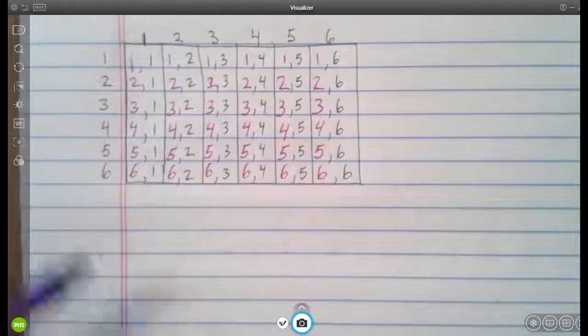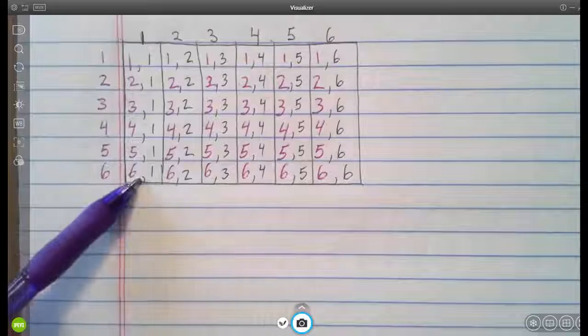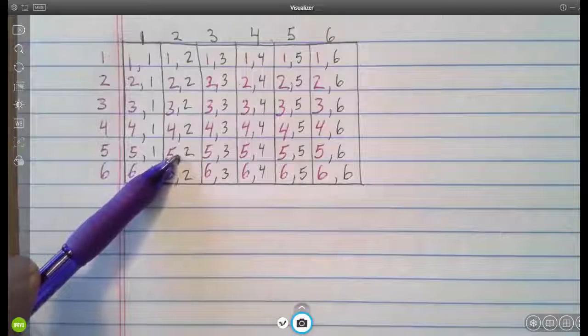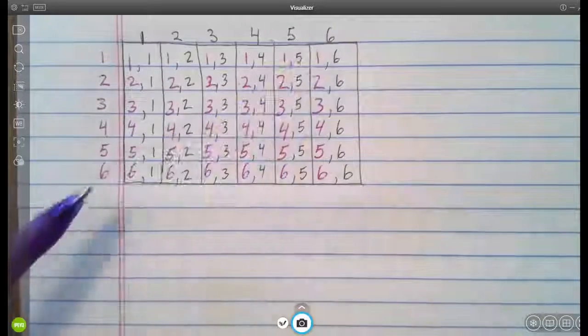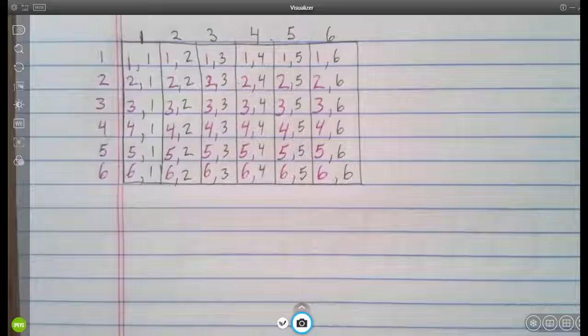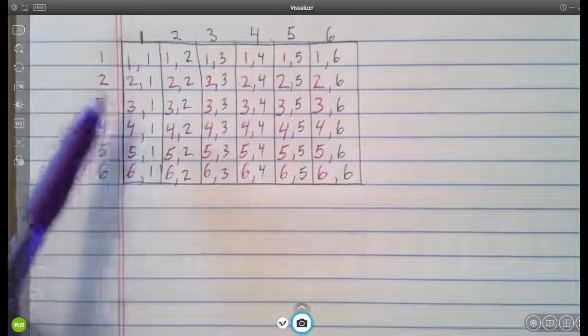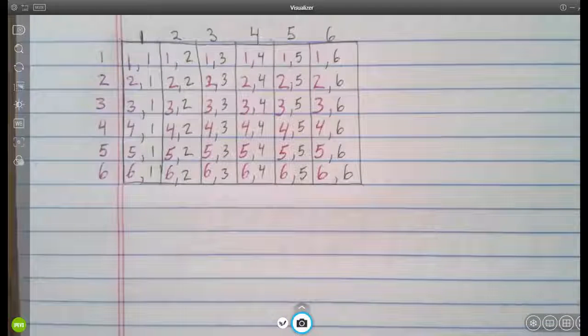But if we were to look along, say, this diagonal here, 6 and 1 add to 7, 5 and 2 add to 7, so do 4 and 3, 3 and 4, 2 and 5, and 1 and 6. So there's actually 6 ways of getting a sum of 7, and that makes a sum of 7 six times more likely than a sum of 2 or a sum of 12.